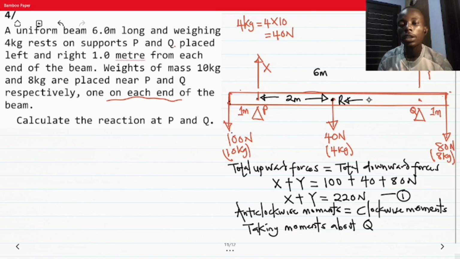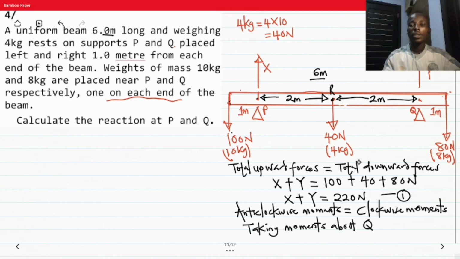Also this will be 2. So we have 1 plus 2 plus 2 plus 1, which gives us the length of the beam, which is 6 meters.